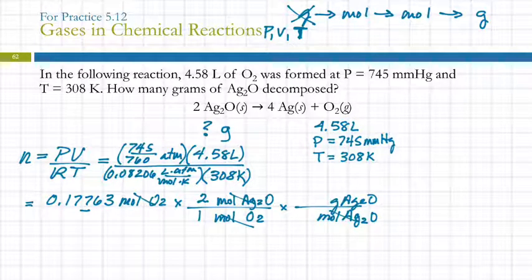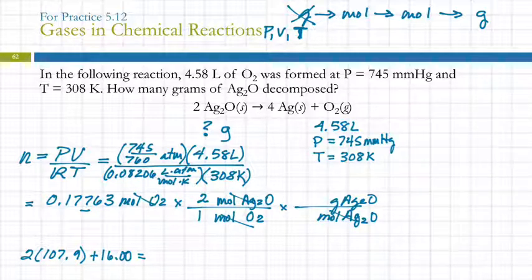And then here I need the molar mass of silver oxide. How to calculate that? 2 times 107.9, right? Yeah. Plus 16. 231.8. That's the mass of 1 mole of silver oxide. 231.8 grams for every 1 mole of silver oxide.